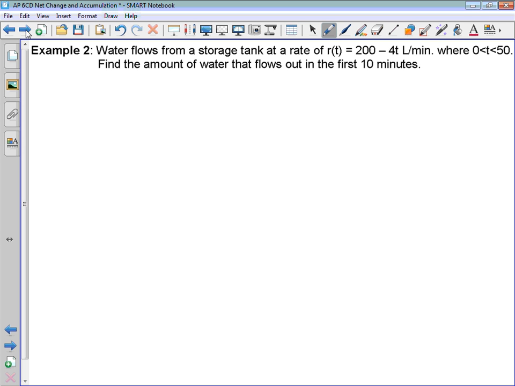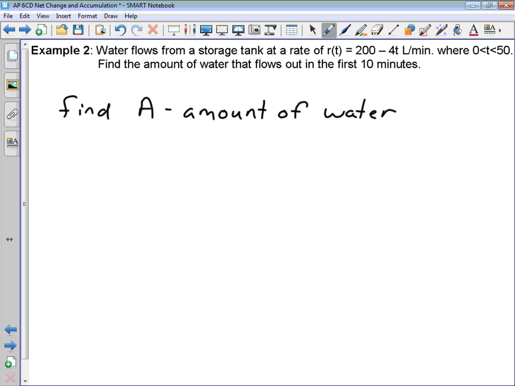Okay. So if we're looking for the amount of water, well, what is our rate in this question? Let's say A is the amount of water.